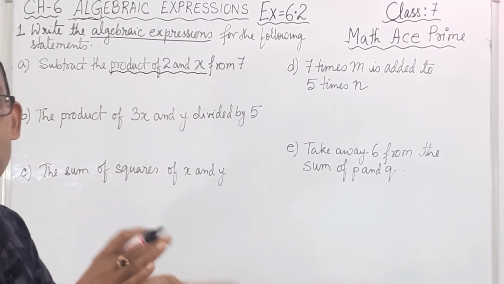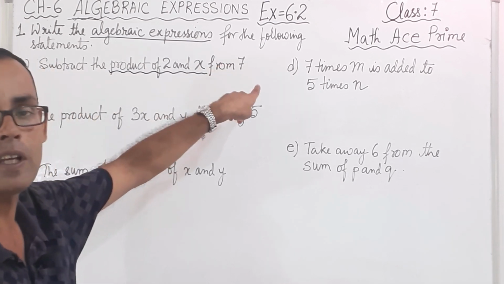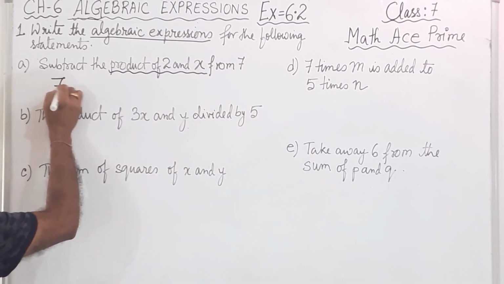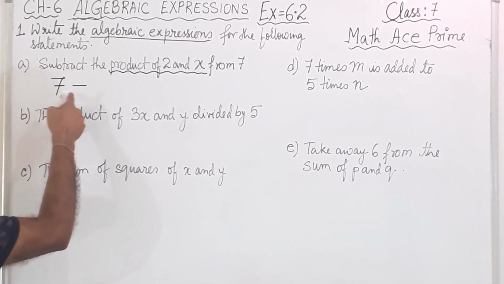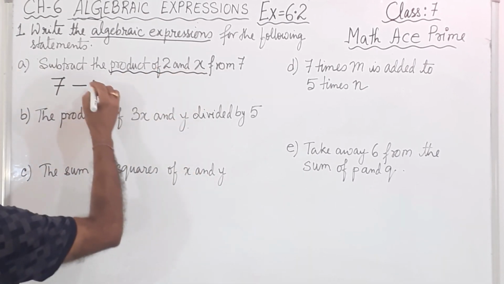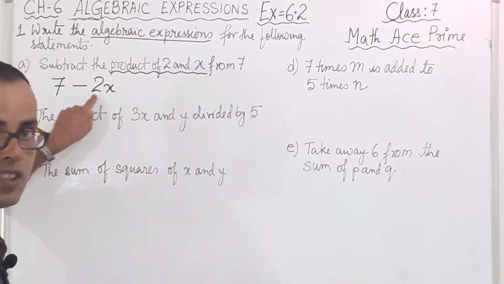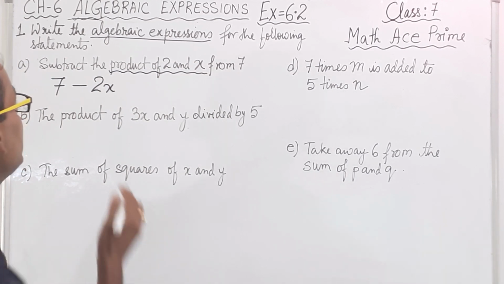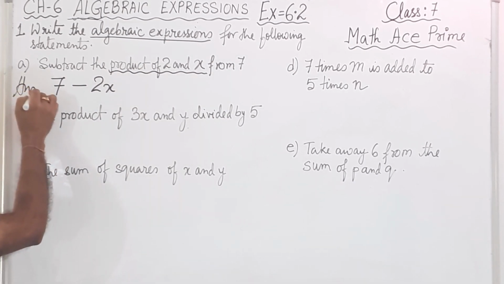The product of 2 and x is 2x, because 2 is a constant and x is a variable, so you cannot multiply them further and they sit side by side. Since it says from 7, 7 is the bigger one, so we write 7 first and subtract from there. So 7 minus 2x. This is the answer.